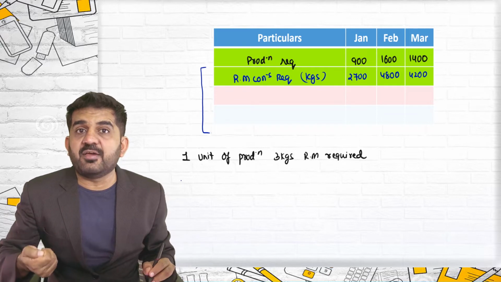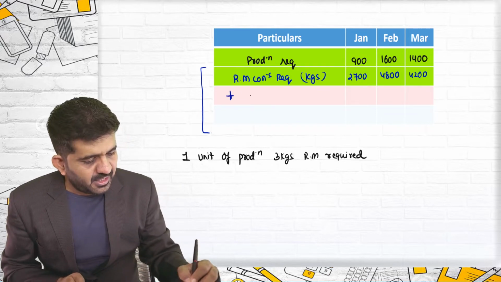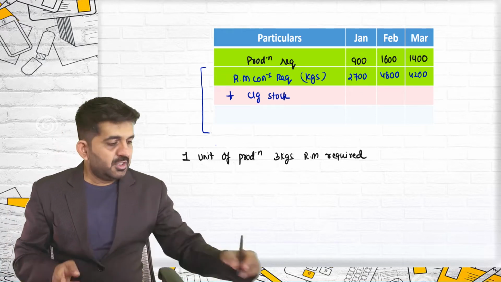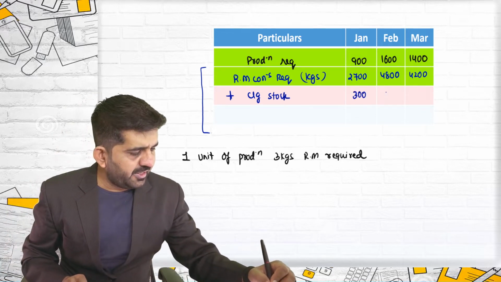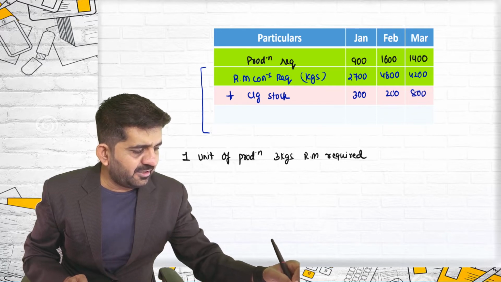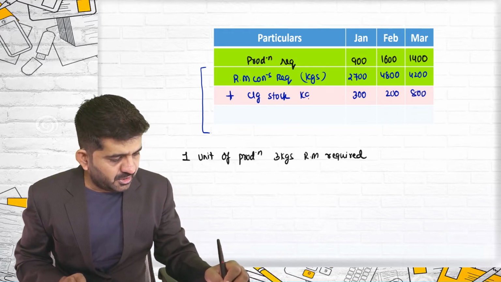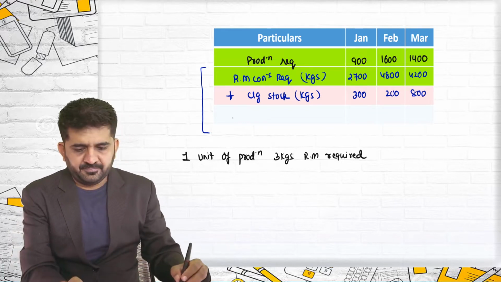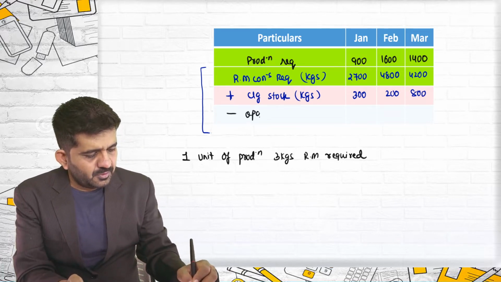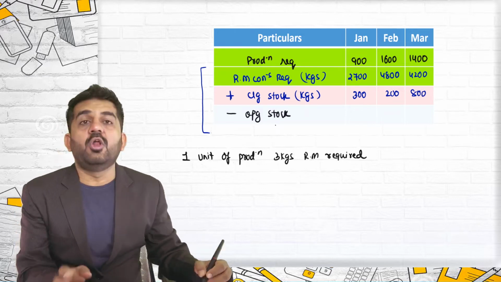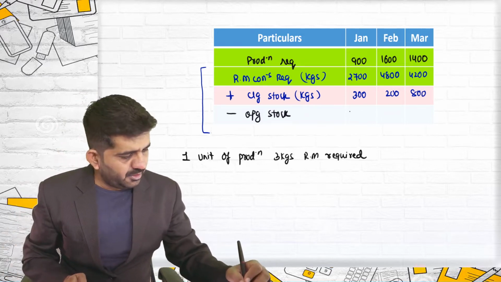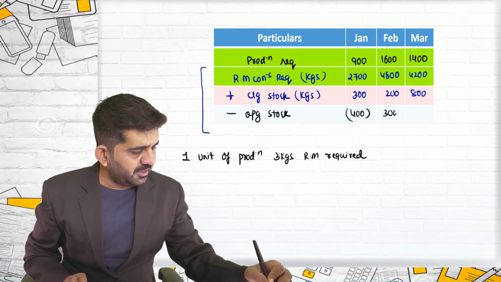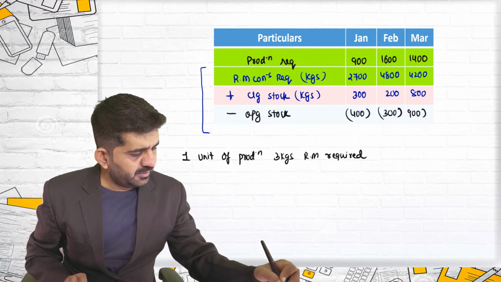So this much raw material I want, plus what I want to keep in closing stock. Say closing stock of 300, 200 and 800 is required, and those are kgs now, because we are not talking about finished goods, we are talking about raw material, minus opening stock which is already in my godown, which is 400, which is 300 and which is 900.